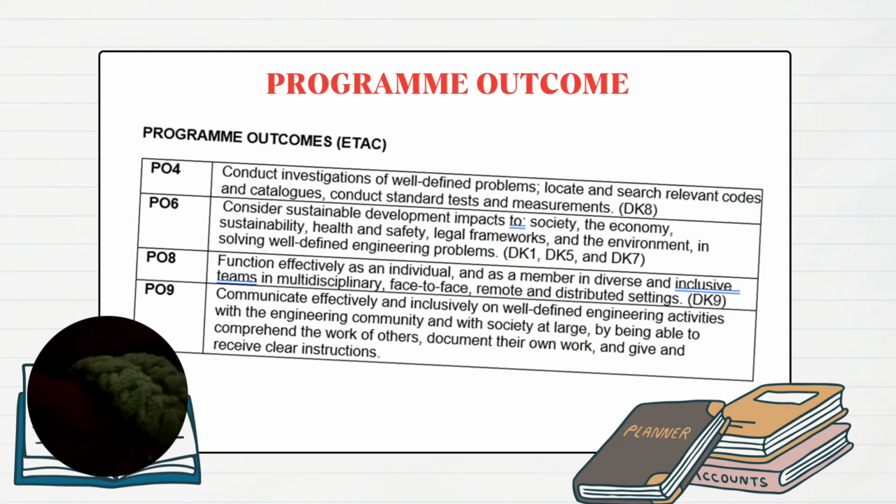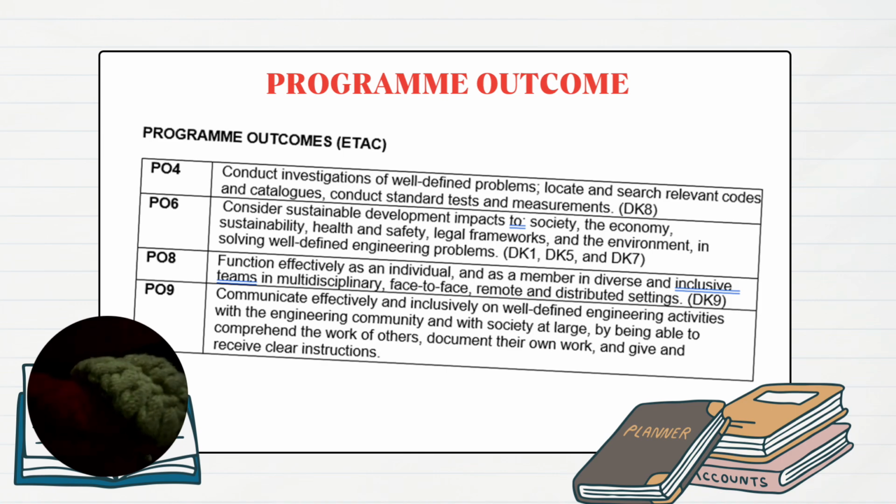There are 4 program outcomes for EEE111. PO4, conduct investigations of well-defined problems, locate and search relevant codes and catalogs, conduct standard tests and measurements. PO6, consider sustainable development impacts to society, the economy, sustainability, health and safety, legal frameworks, and the environment in solving well-defined engineering problems.